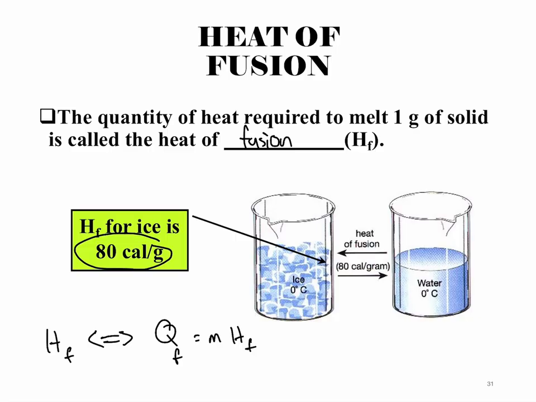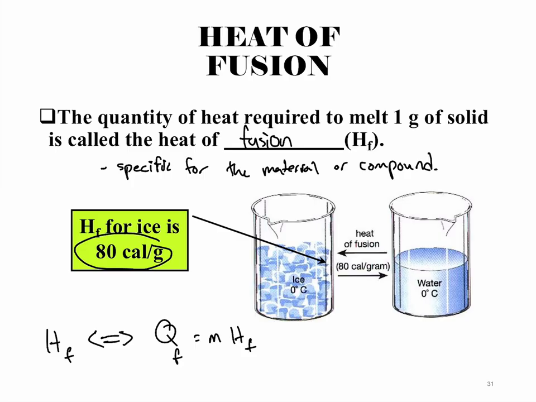And what does it say? It says this is the energy required to melt or to freeze 1 gram of that substance. So this is also going to be specific for the material or compound.